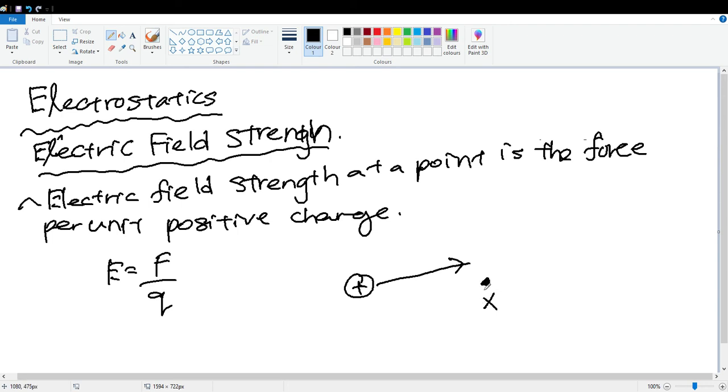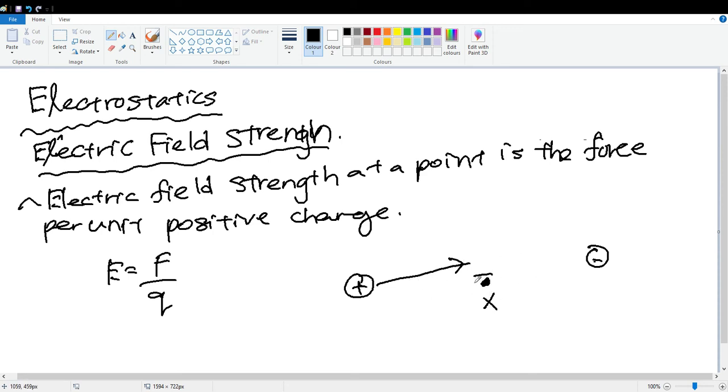So I repeat again. Let's say I have my positive charge and this is my point X. This point X is exerting the force which acts on the positive charge. This positive charge may be interacting with another charge which is a negative charge. So this region consists of electrostatic force.